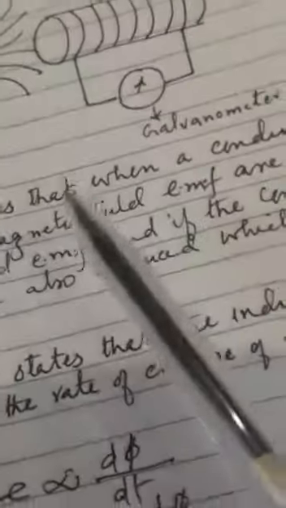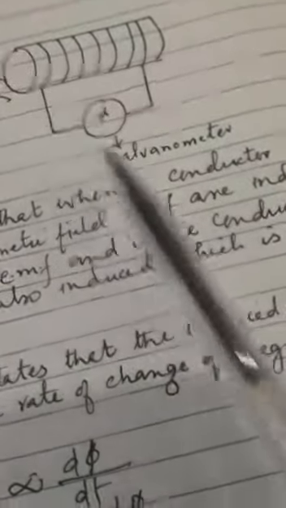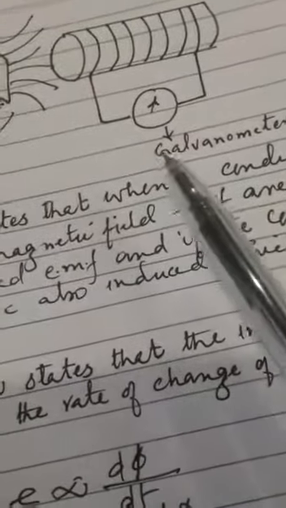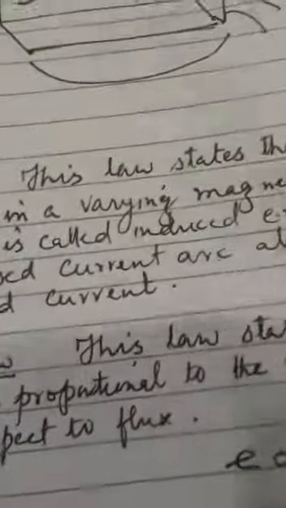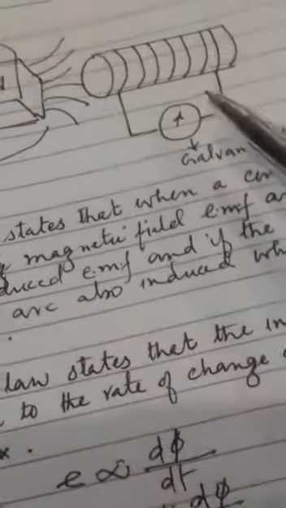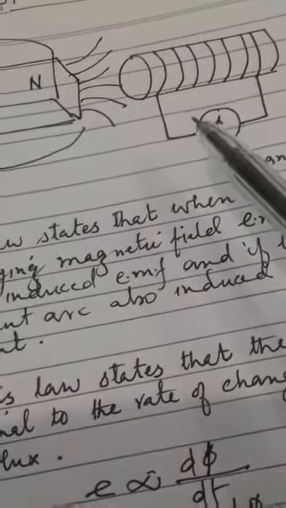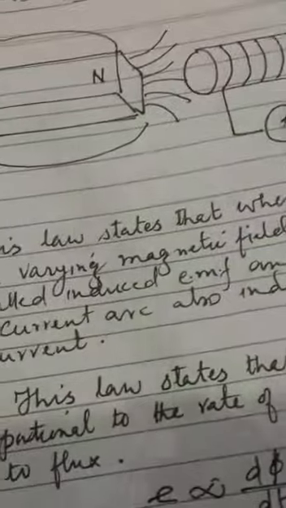With the help of the magnetic field, an electromotive force is created in the conductor, and this is known as induced EMF. And if the conductor is closed, that means there is no leakage, it's not open, then it produces induced current also.